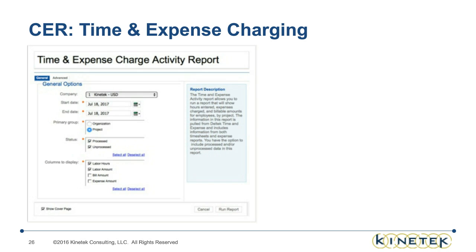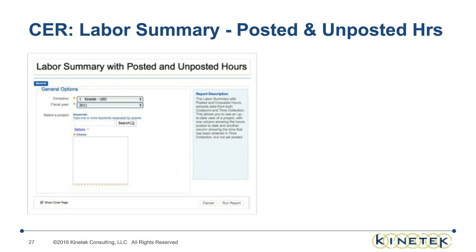We have a time and expense charging report, which taps into our Deltek time and expense data, and can show us time by day, by person, by project, however we want to look at that, and expenses that are in our T&E environment. We've got our labor summary, which is nice because it has both posted and unposted hours.